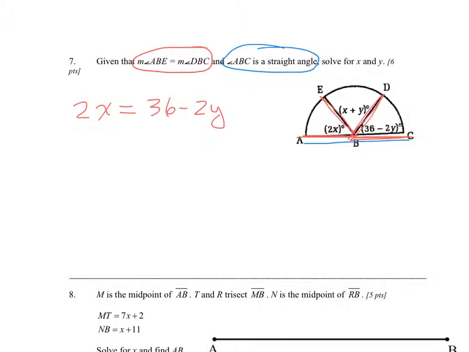So if we take all three of these angles here, we should add them up to get that straight angle. So 2x plus x plus y plus 36 minus 2y equals 180.